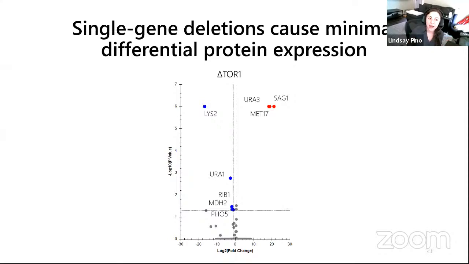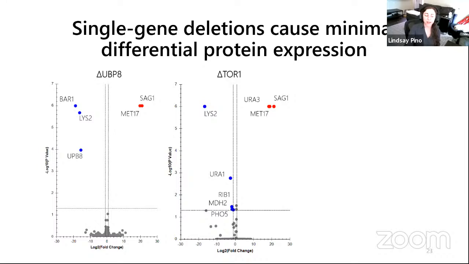So when we delete TOR out of yeast and measure the change in protein abundances between that TOR deleted yeast and the normal parental genotype yeast, really not a lot is changing here. A couple of these gene deletions are actually just artifacts in the genetic makeup of the yeast itself when they made these single gene deletion strains.